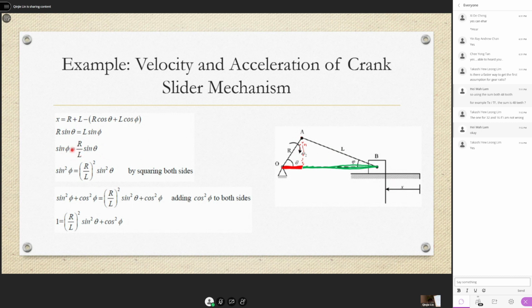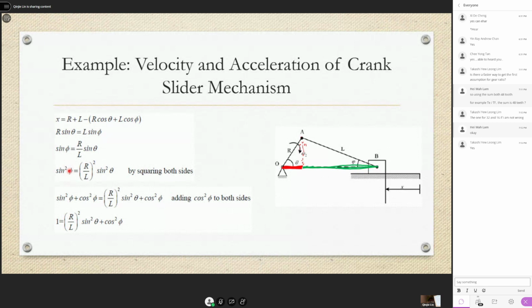I just briefly go through; you can go and read it, so at least you have an idea of what it's about. Basically, from here it's just mathematics. You square both sides so that you can continue working on it. Everything must be squared, and then you add cosine square phi to both sides.